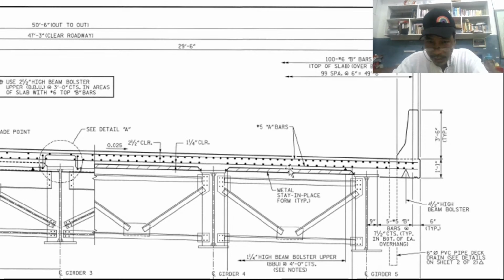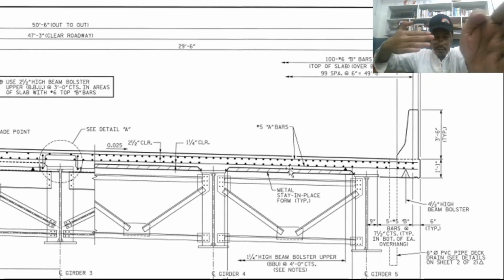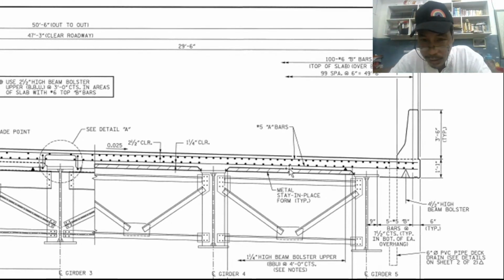B bars are the cross bars, looking like this, and A bars are there. So they are 90 degrees with each other. In your monitor, look at your screen: A bars are going here and B bars are going there. That is the full information we got from this plan.